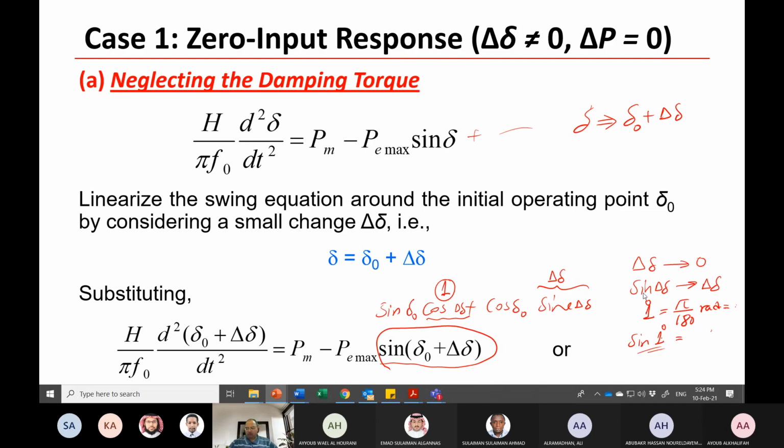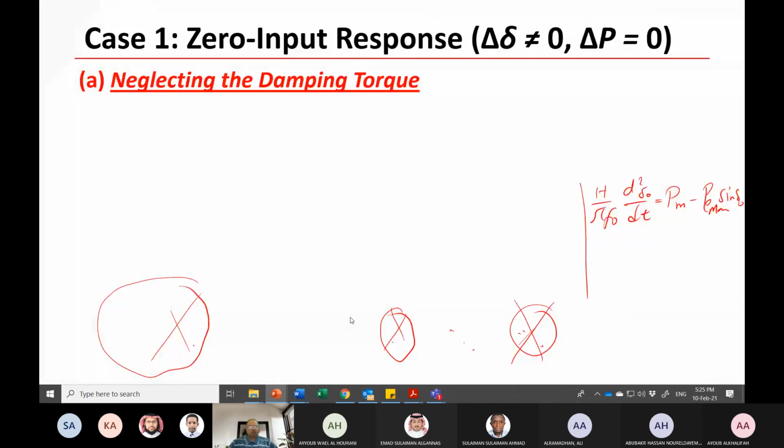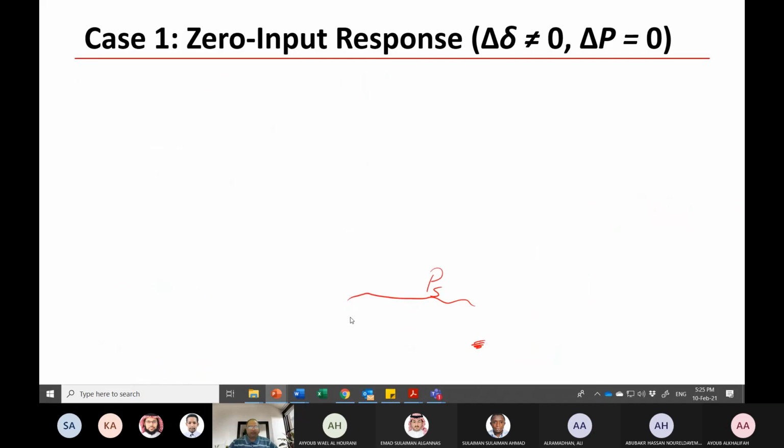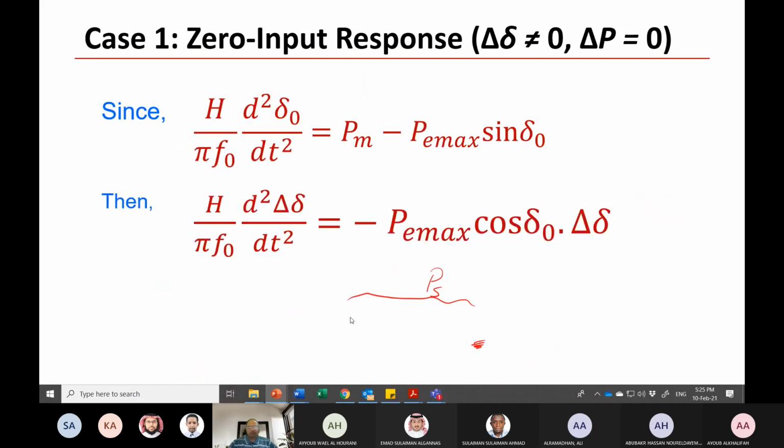If delta approaches 0, then sin delta approaches delta, and this cosine delta approaches 1. So with this all simplification, we can end up with what? With this equation.